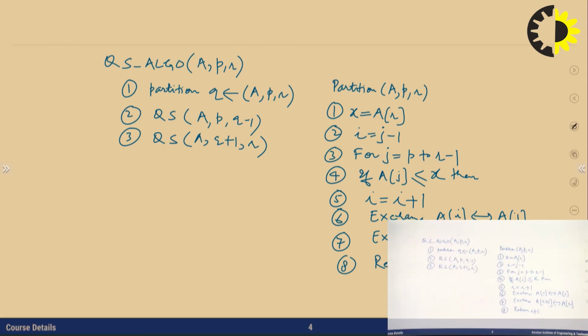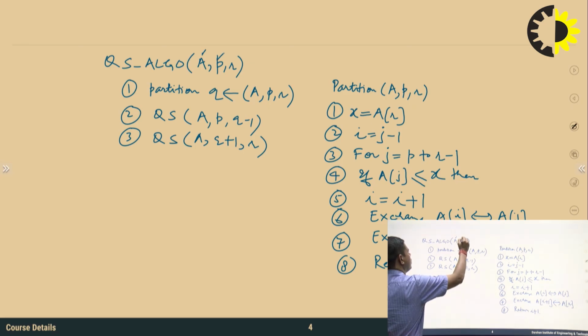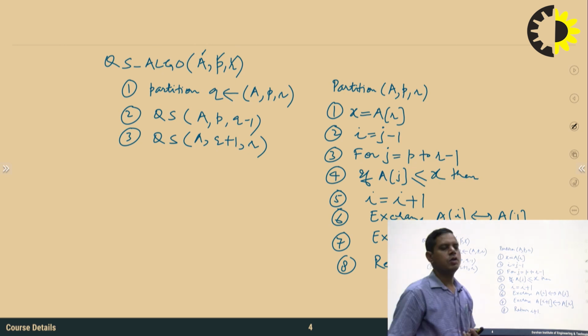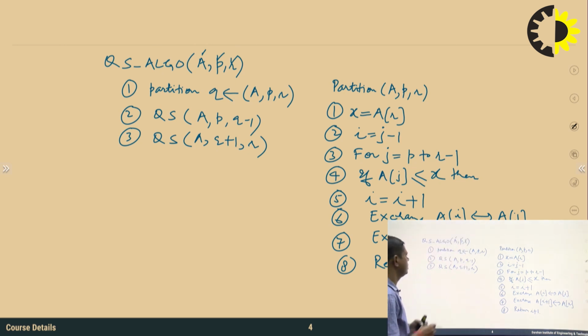Again, we can discuss. We are writing the sorting algorithm for quick sort. A is the array, P is the lower bound of the array and R is the upper bound of the array. Because it is based on divide and conquer, we are dividing the complete list into further sublists. That is, we are doing the partition.